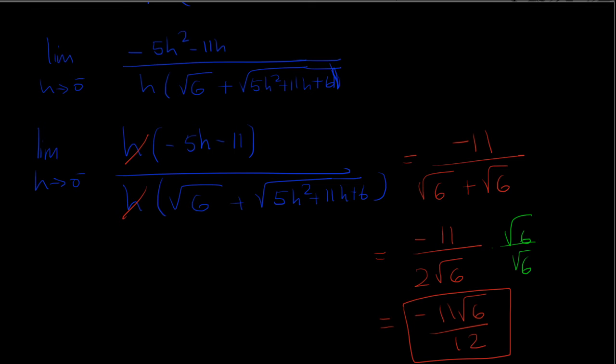Next we're going to be looking at absolute values. So let's say we have the limit as x approaches negative 2 from the right of x plus 3 times the absolute value of x plus 2, over x plus 2.